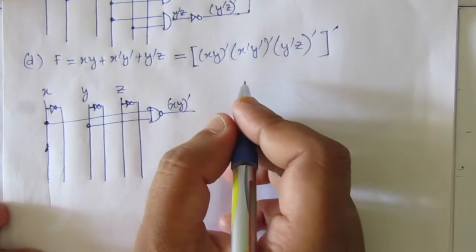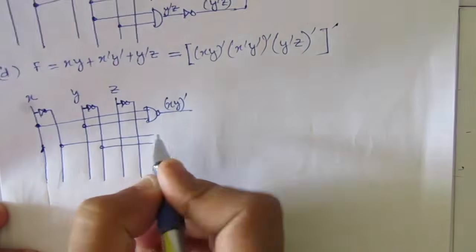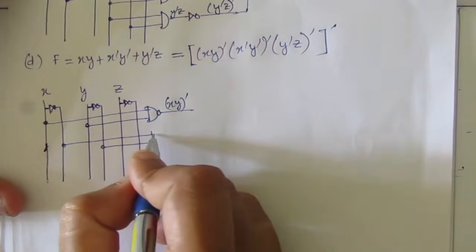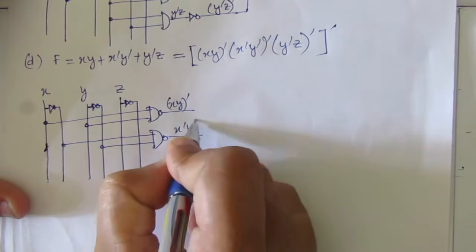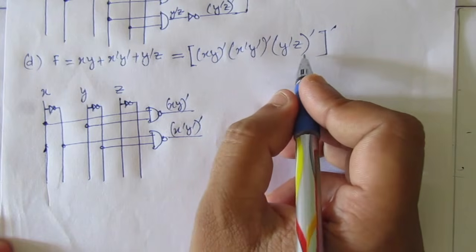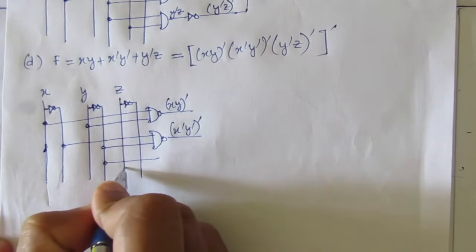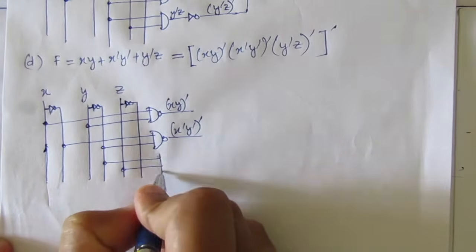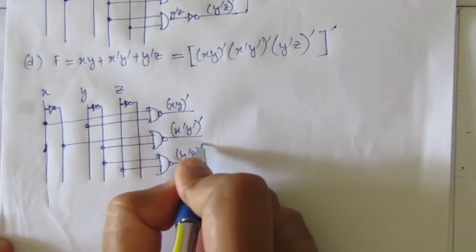Then we have x bar y bar, x bar, then y bar. Okay, use a NAND gate here and we'll get (x'y')'. Then we have to find this one, y bar z. Okay, y bar is this one and z is this. Use a NAND gate and we'll get (y'z)'.